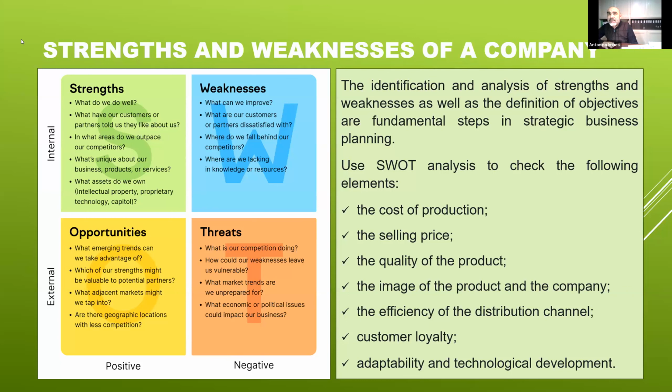The suggestion in this workshop is that the team, after dividing the paper into 4 parts, has to decide together an idea. When the team has decided the idea of a project, the idea of a company, it can start to answer the 4 different parts of the SWOT analysis.